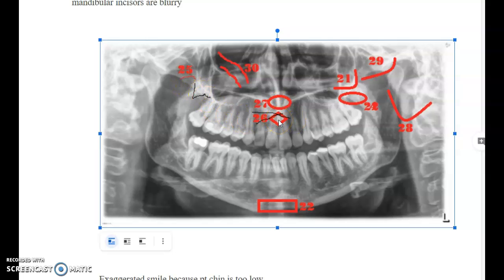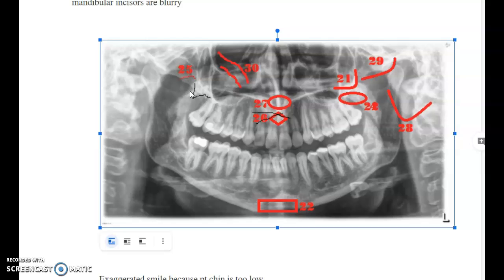I already said incisive foramen, so I'll just take it off here and put number 26 as the lateral pterygoid plate. The lateral pterygoid plate occurs as a radiopaque projection of bone next to the maxillary tuberosity region. So it's just right about here.